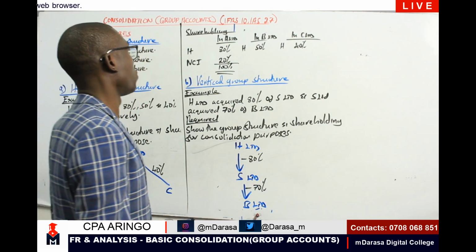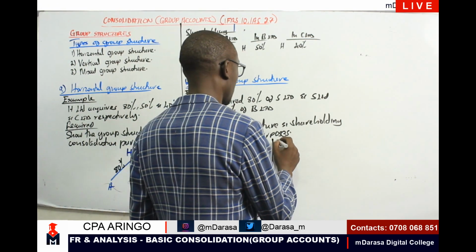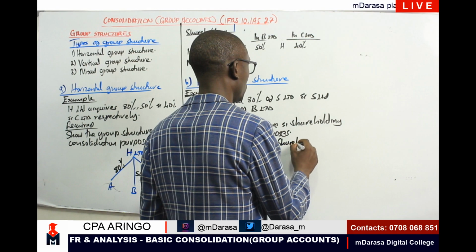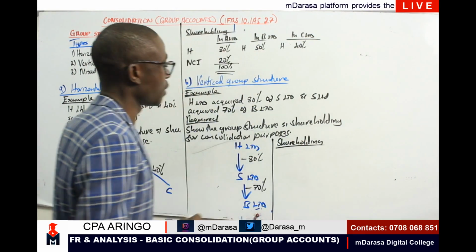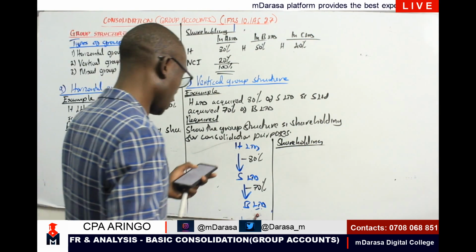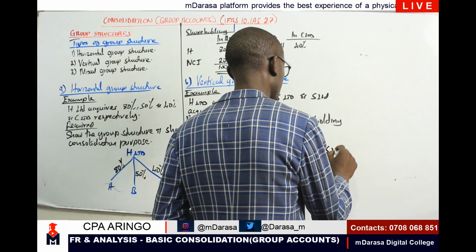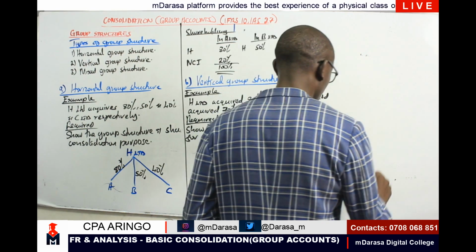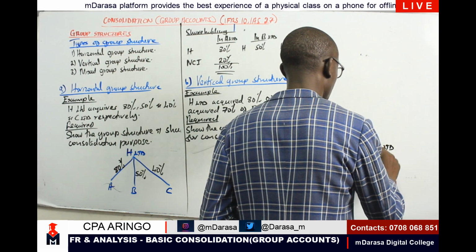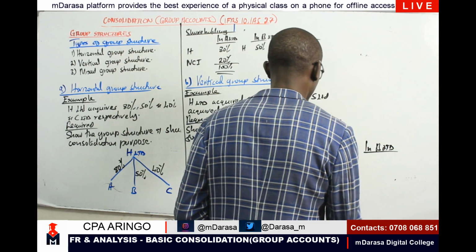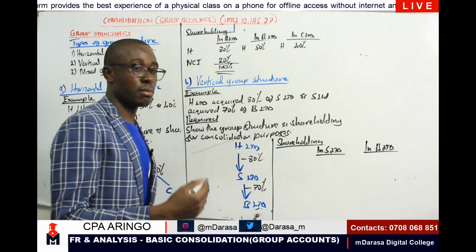So in the event that you're supposed to prepare our shareholding, how will our shareholdings look like? Our shareholding will be having something like this, whereby I'm having S Limited and B Limited. So remember here, S is our subsidiary, B is our sub-subsidiary.